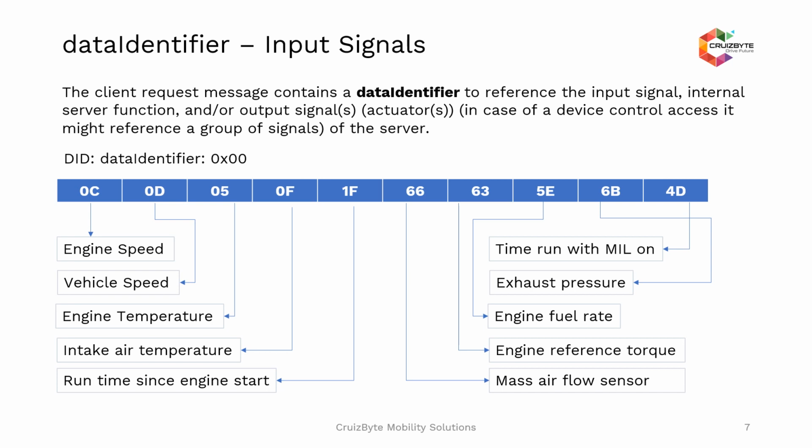So when you use a DID with the value 0C or 0D or 05, it means engine speed value, vehicle speed value, engine temperature value, and so on. Like this, you can have n number of data identifiers defined inside the ECU.